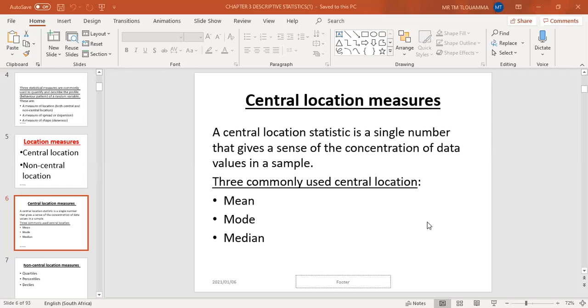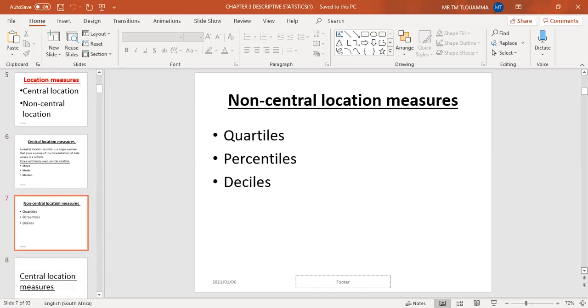Then we have the non-central location measures. With the non-central location measures, that's where we're going to talk about the quartiles, the percentiles, and also the deciles. These are the three examples of the non-central location measures. They can ask you these questions, so it's very important to know them.